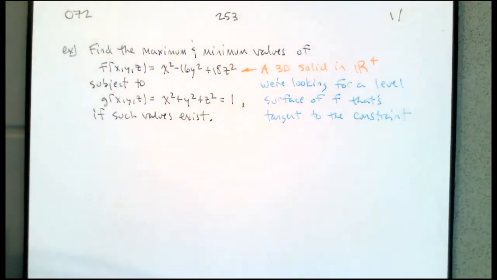Just like before, we're looking for a level surface of F that's tangent to the constraint in the same way that when we had a function of 2 variables, we were looking for a level curve of F that was tangent to the constraints. And that means we want the same thing. We want the gradients to go in the same direction.